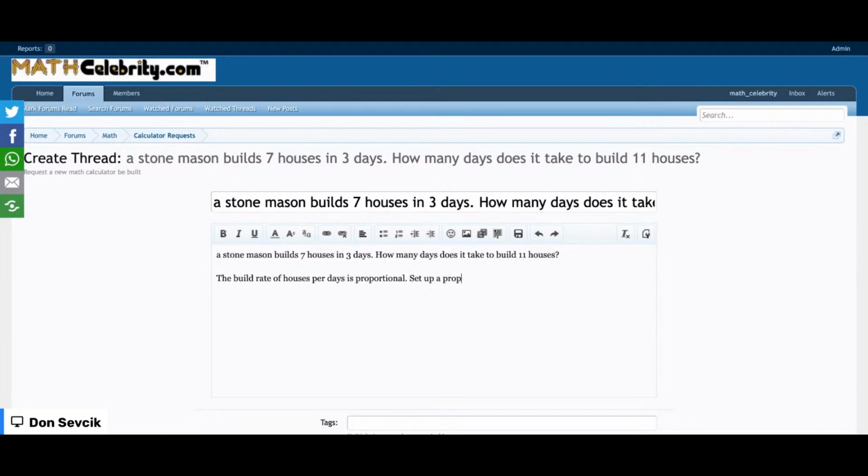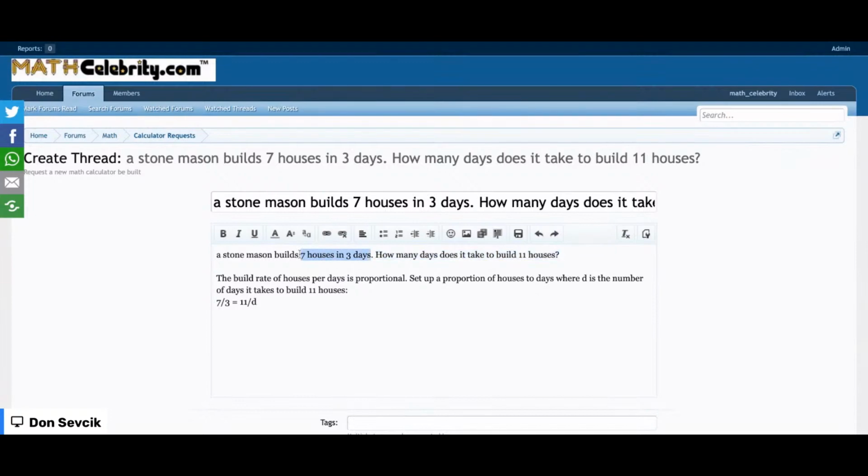Set up a proportion of houses to days, where D is the number of days it takes to build 11 houses. So 7 houses over 3 days equals 11 houses over D days.